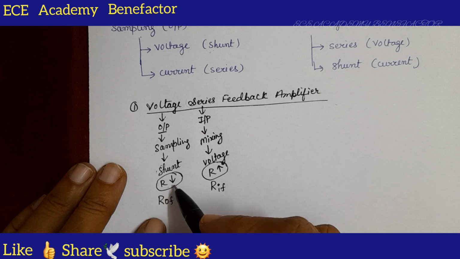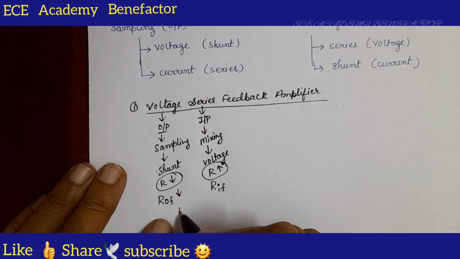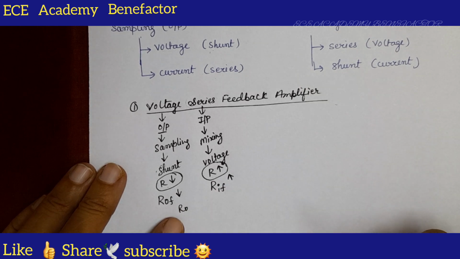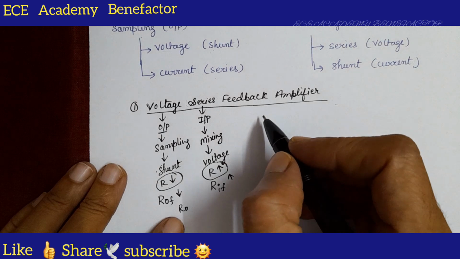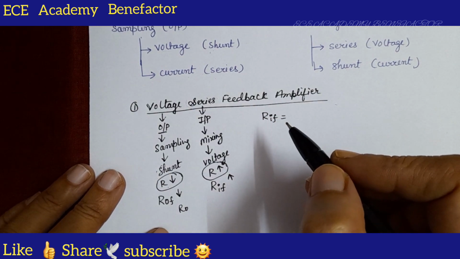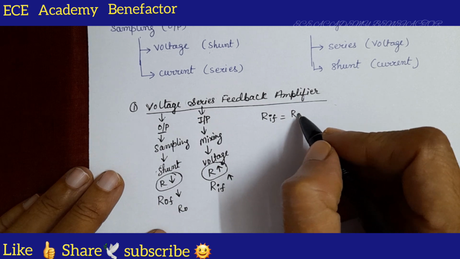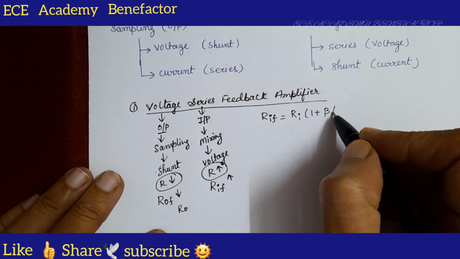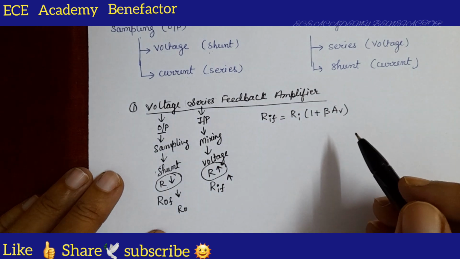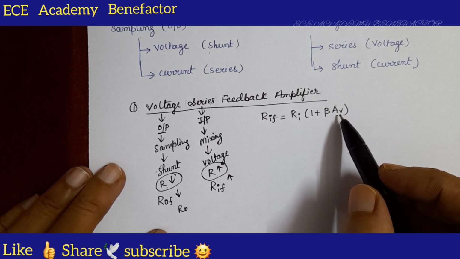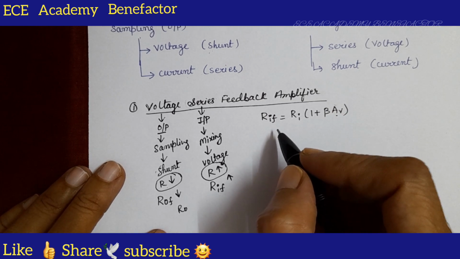So what will be the value of ROF? It will be less compared to R0. RIF will be high. So what will be the equation of RIF? RIF is equal to RI times (1 plus beta AV). AV is the voltage gain.